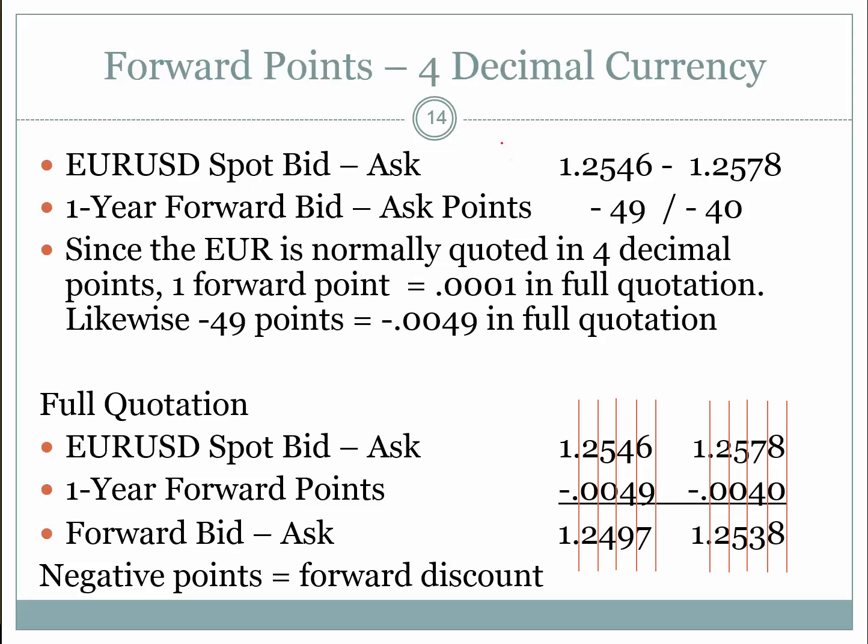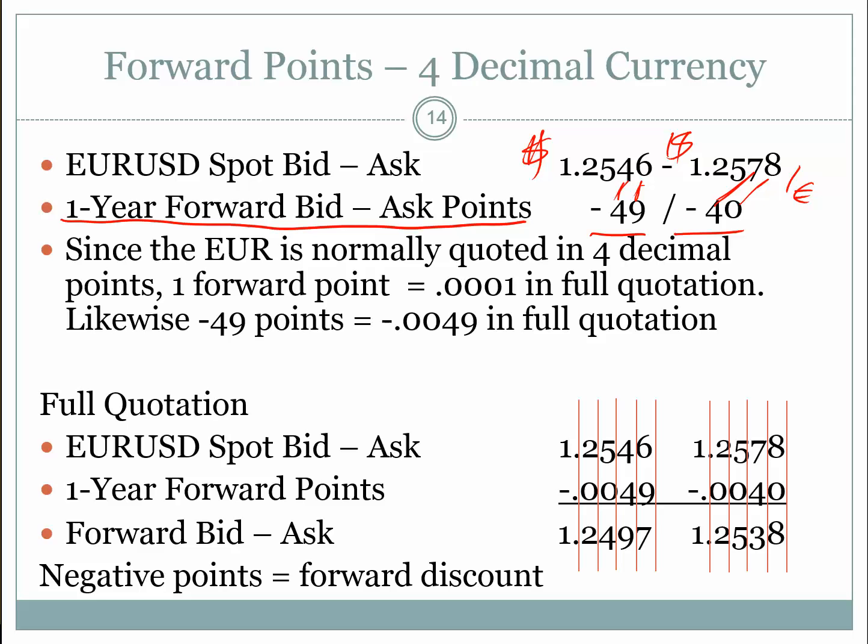So say the spot market for the euro is 1.2546 bid, 1.2578 ask per euro. And say your quoted forward points are -49, -40. So what this refers to is actually the last couple decimal places of the currency quote.